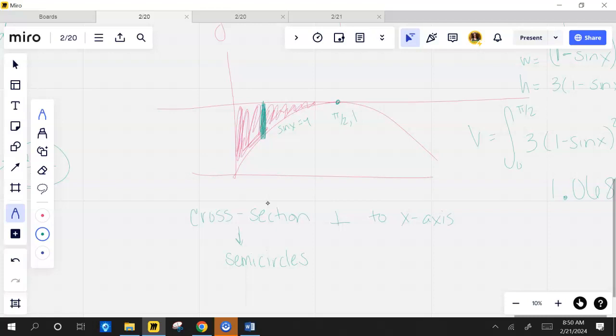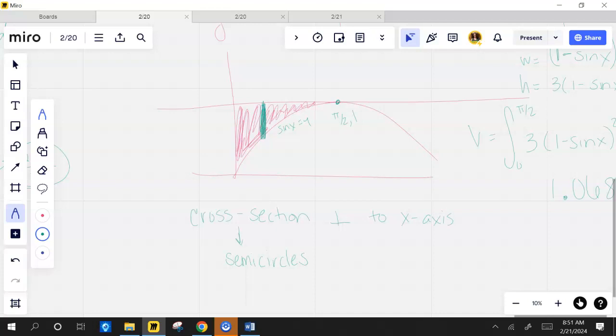Right. So the cross section is the diameter. If the cross section is the diameter and you need the radius, what's the relationship between diameter and radius? Half of it.